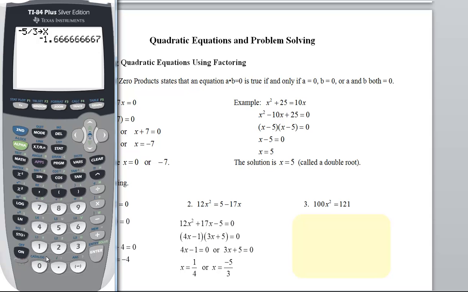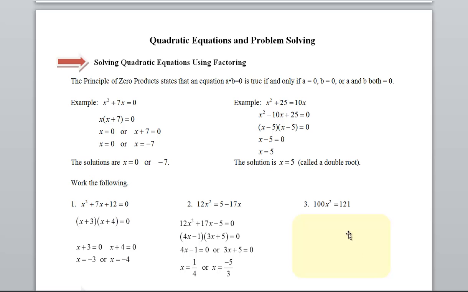So I'm going to type in the left-hand side, see what that equals. Okay, type in the right-hand side. Now if I end up with the exact same thing, 33.333 does equal 33.333. So negative 5/3 does check. And you can do the same thing to 1/4.